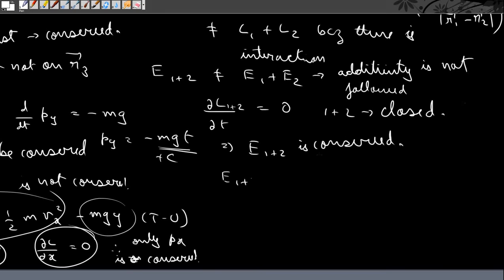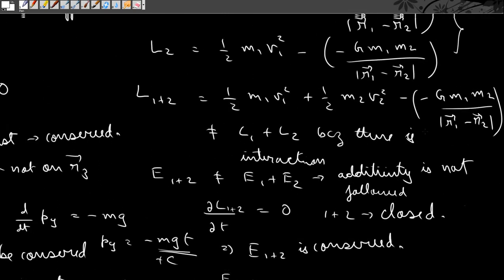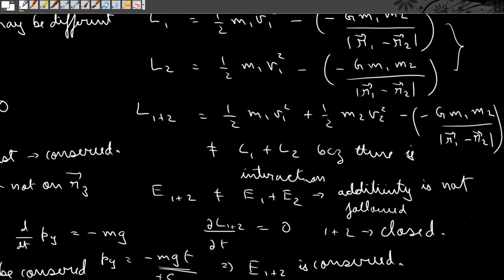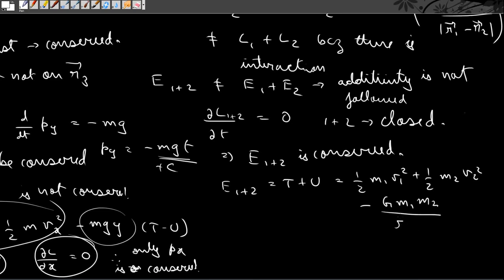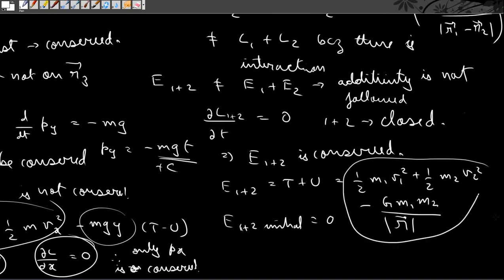E1 plus 2, as we saw, is T plus U, that is half m1 v1 square plus half m2 v2 square minus G m1 m2 by R. E1 plus 2 initially was 0, and since it is conserved, at any point of time this must equal 0.